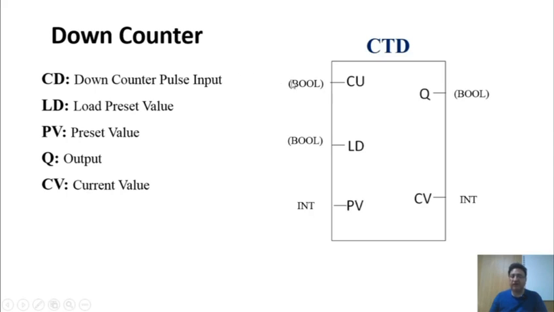Now here we need to use either a normally open contact or a normally closed contact, and we should enter the address of the input to which we've physically connected that sensor. This part is the LD terminal, which is related to loading the preset value.